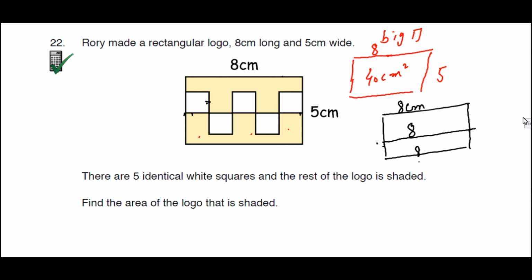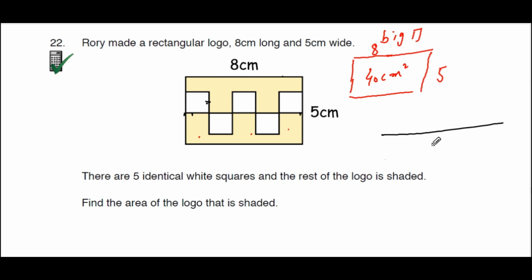So what we can do now, if I am telling you with an example, for example, this is a line now which is 8 centimeter long. If I make 5 boxes over here, equal size boxes, they are the squares. 2, 3, 4 and 5.